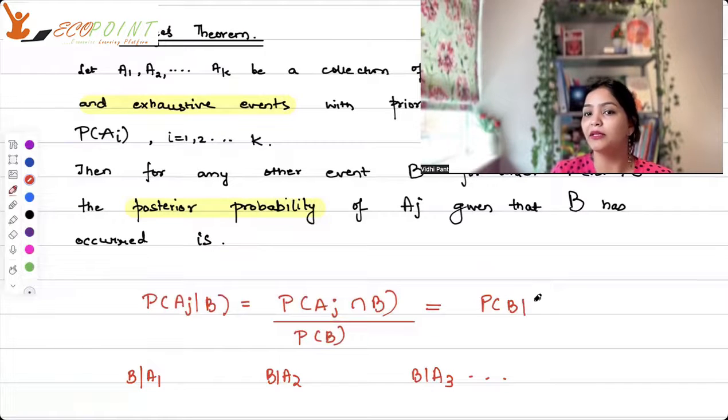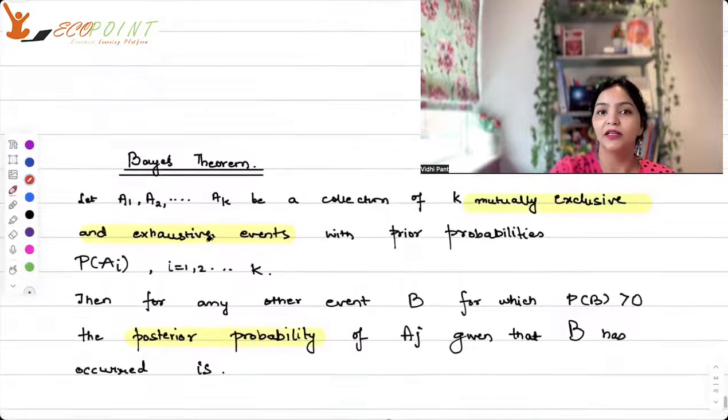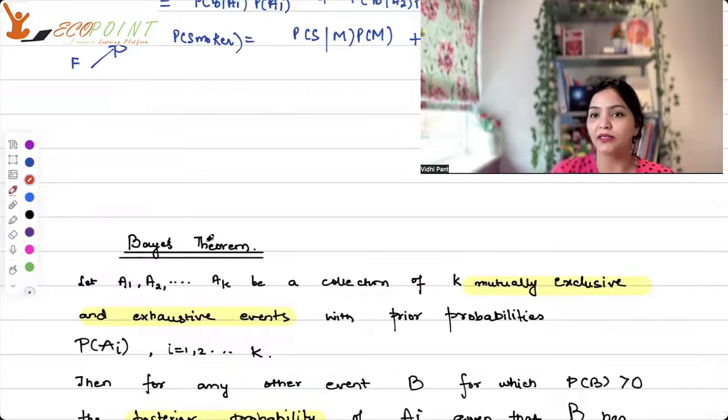So probability B conditioned on AJ multiplied by probability of AJ. And what you see in the denominator is probability B, which is the total probability of B given AJ times probability AJ, where J goes from 1 to K, because we have taken K events here. This is Bayes' theorem.